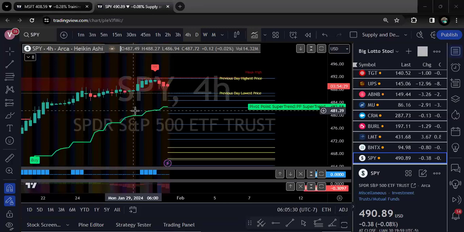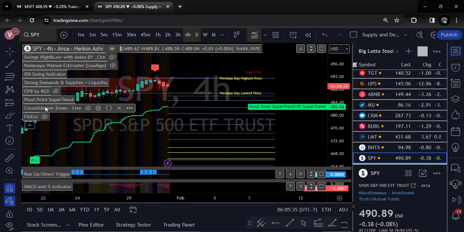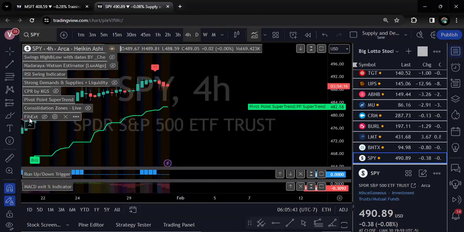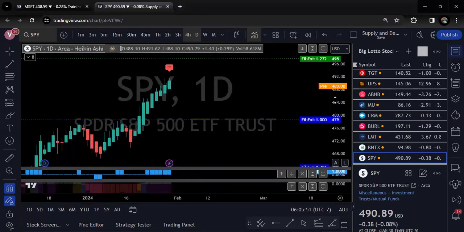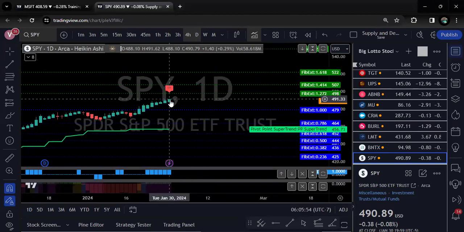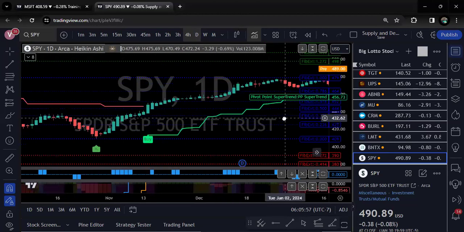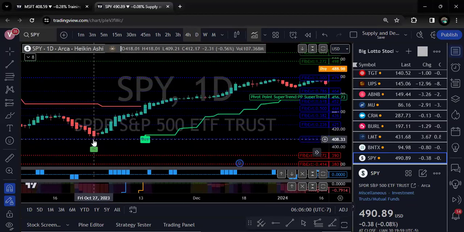Start looking at those. 50% retracement, we know that's easy. You can do the math, or you can use this indicator, FIBXT. First of all, you start on the 4 hour. On the daily, of course, it's a huge gap from when this trend started. It starts from October 27th, when we hit this bottom at 408, when we rejected 408, or tested it.